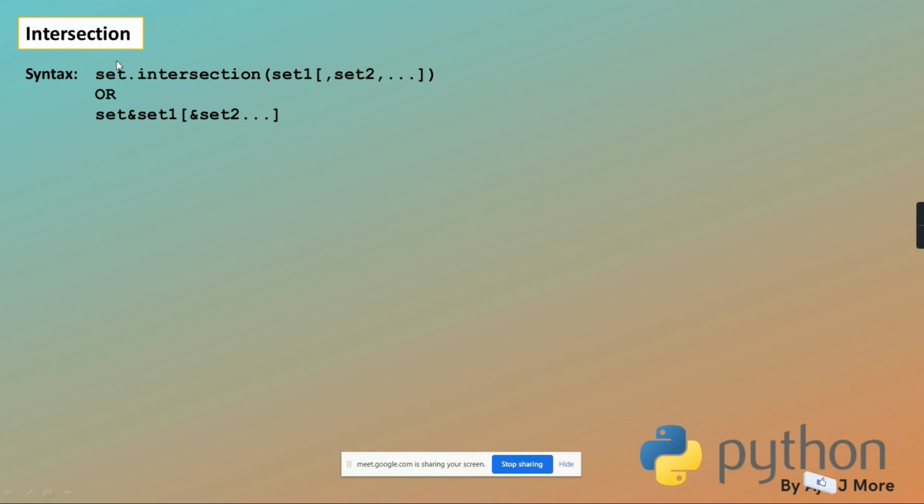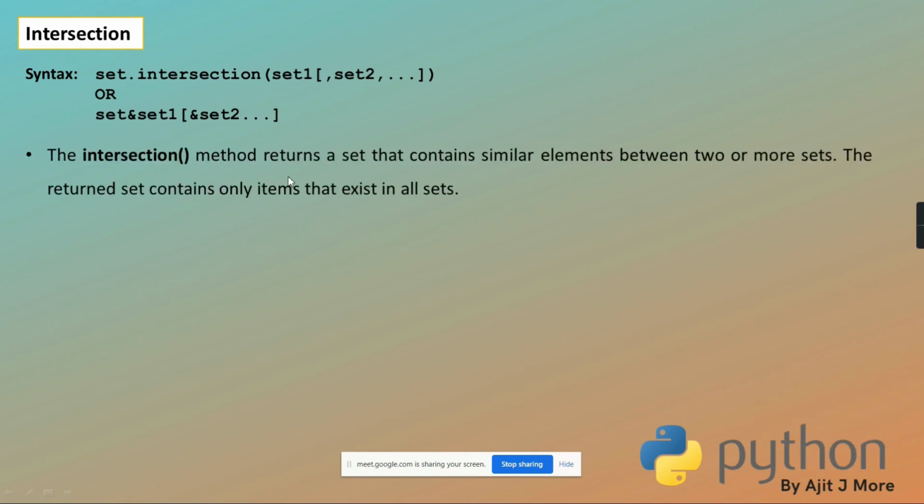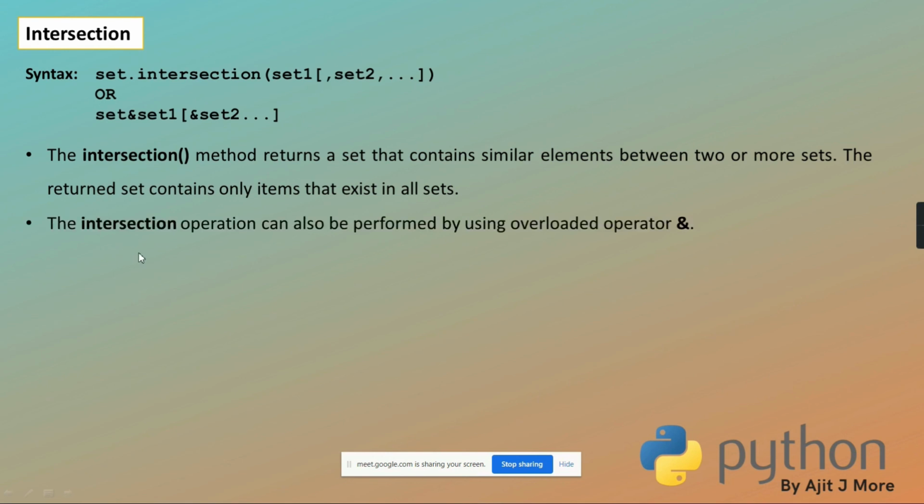So the intersection method returns a set that contains similar elements between two or more sets, containing elements which are present in all the sets, that is this set plus the sets passed as parameters. The returned set contains items that exist in all the sets, and the same operation you can do with the overloaded operator AND, which is also legal.